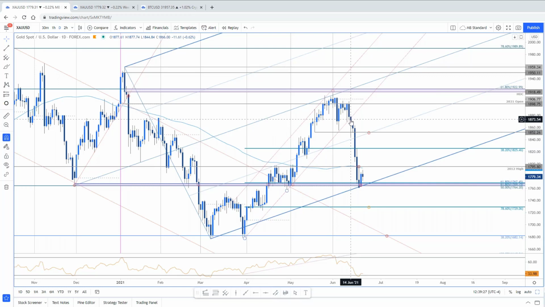You're looking for a drop towards 1764, 1767. That's where we bottomed out last week. This is absolutely critical support for gold. A daily close sub 1764 at this point would suggest a larger drop is underway towards 1730, 1682.